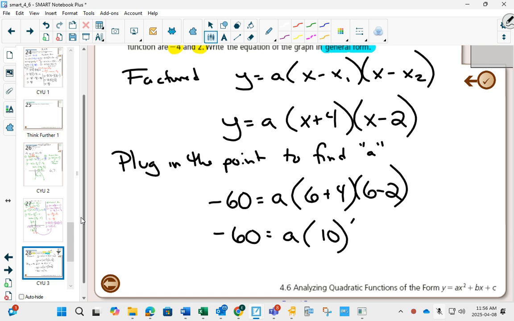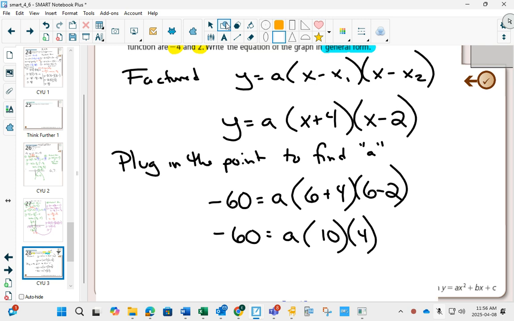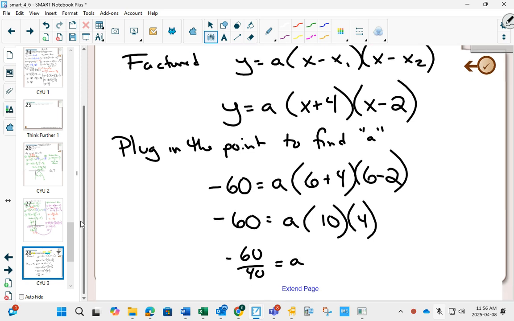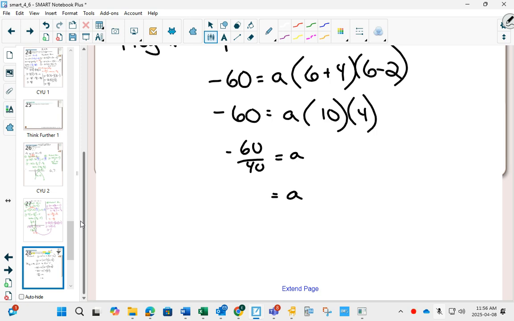This will be 10, this will be 4. Divide both sides by 40. And I can probably simplify that. So I know my a value is -3/2.